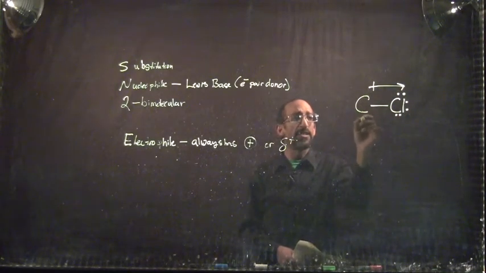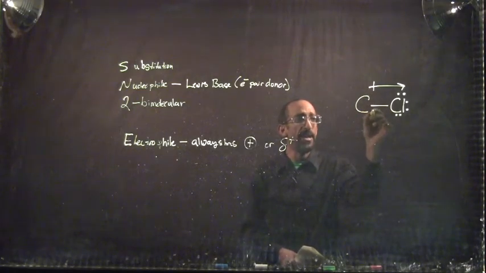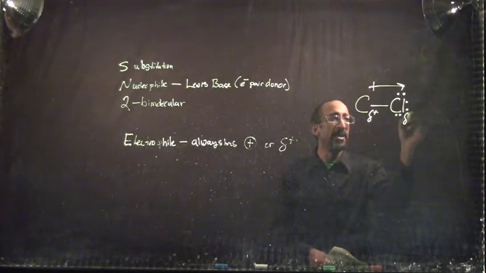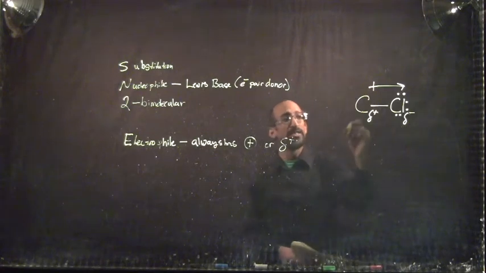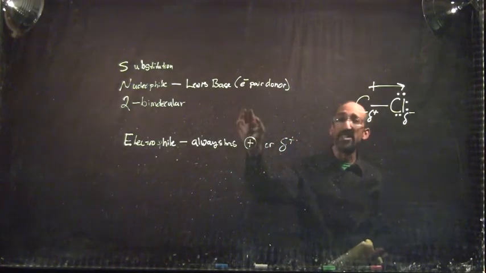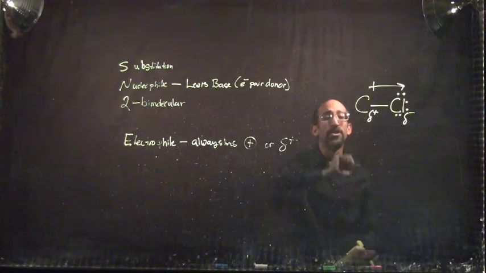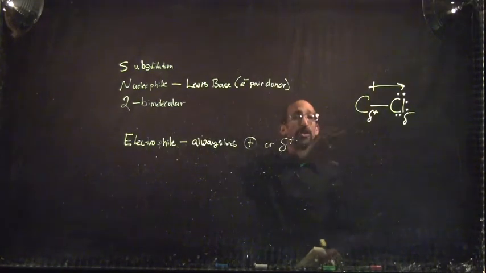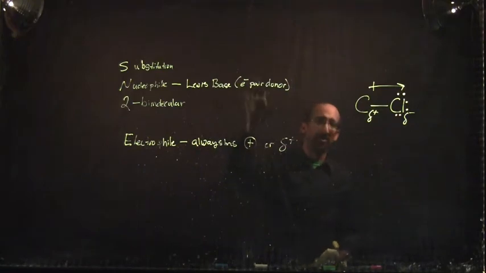And so we know that this carbon atom is going to have a partial positive charge, and this chlorine atom is going to have a partial negative charge. The bond is polarized in this way, which means that this carbon fits our definition of an electrophile. It is electron seeking, it has a partial positive charge, it's looking to get some more electron density, and so it's ready to react with some sort of a nucleophile, some sort of a Lewis base.